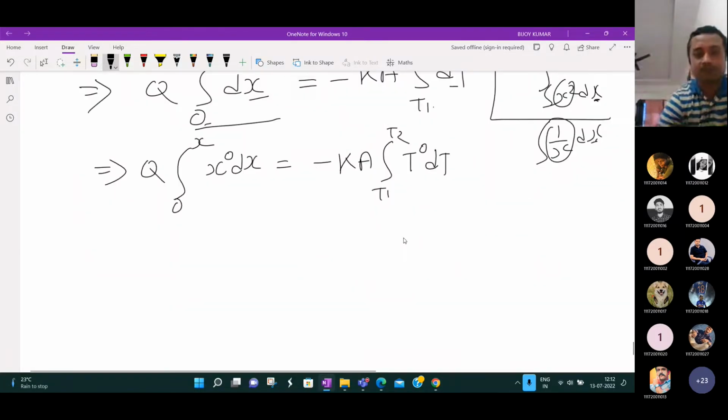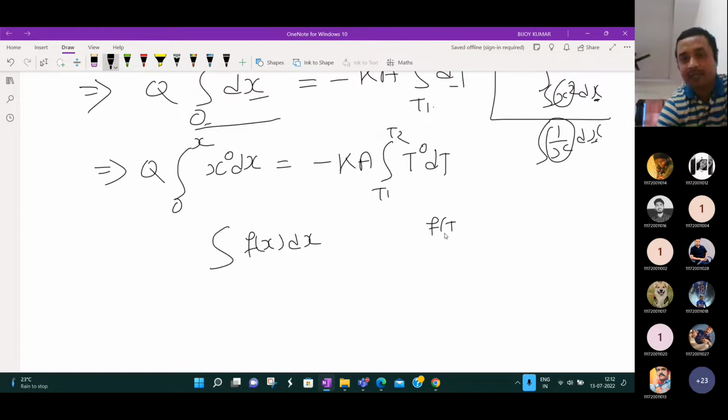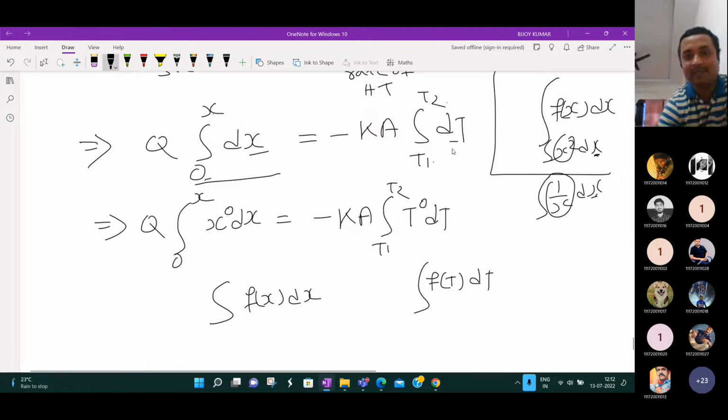So what we did is, to do any integration we require a function of x and dx. Here we require a function of t and dt. Previously we found that the dt was there, but the function of t was missing. So we put a dummy f of x, or dummy f of t.